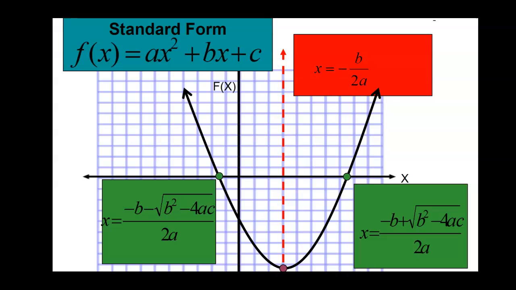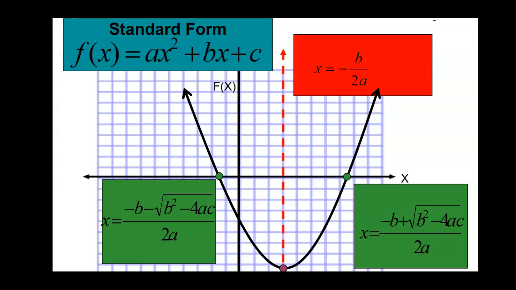And then do you understand this notation for the y coordinate? What am I saying when I write f of negative b over 2a? How would you actually find the y coordinate of the vertex? The x coordinate would be from this calculation. What does this notation mean that I'm telling you to do?